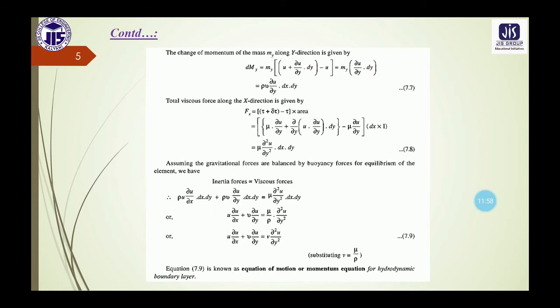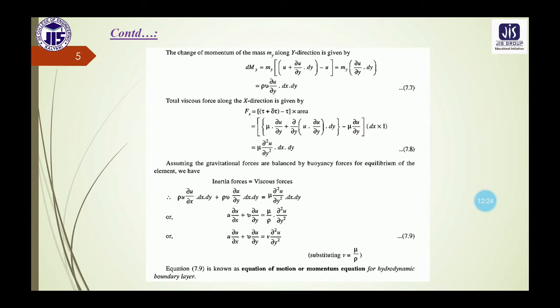If we put the value of tau here, then ultimately after 2 or 3 steps we get mu, which is the dynamic viscosity, multiplied by del 2u del y2 into dx dy. So this is the total viscous force along the x direction. Now assuming the gravitational forces are balanced by buoyancy forces for equilibrium of the element.